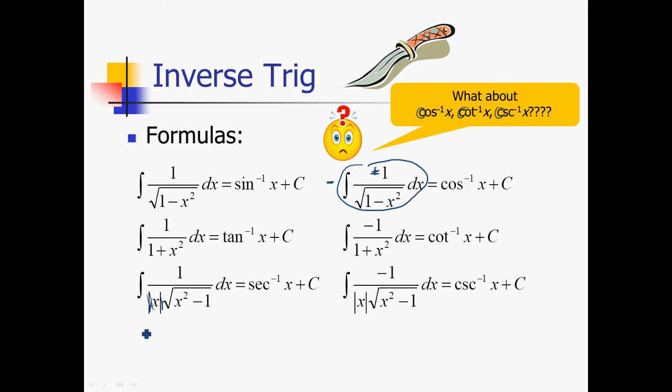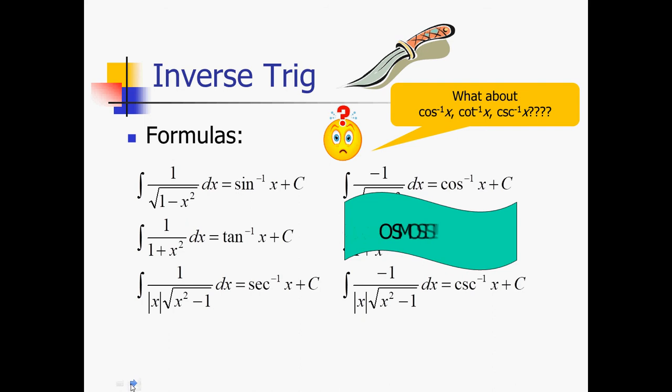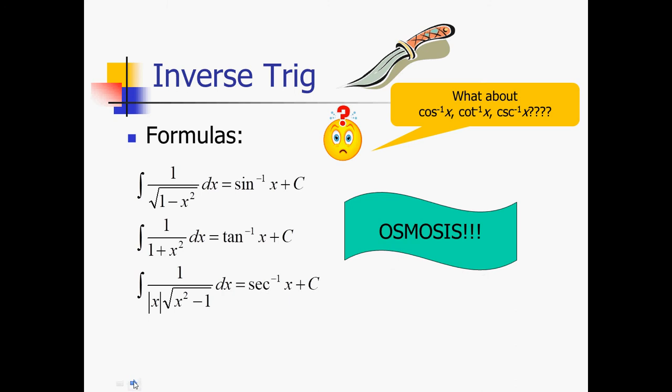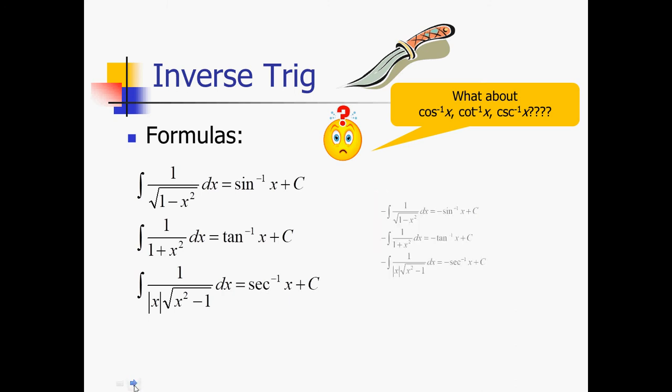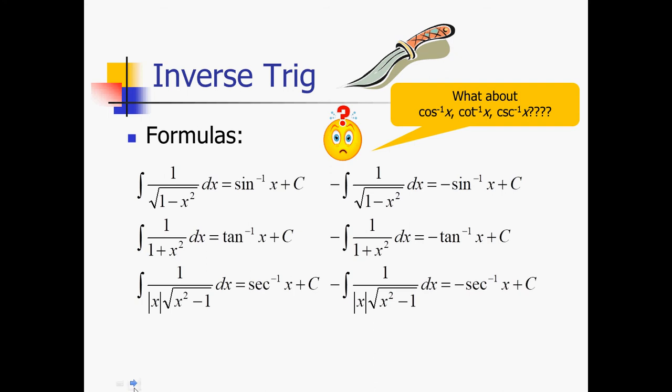What's the nice thing about inverse trig is that you only have to remember 3 formulas, because you can always just osmosis the negative out of there. Cool beans. So yes, do pause this and write this down on your sheet.